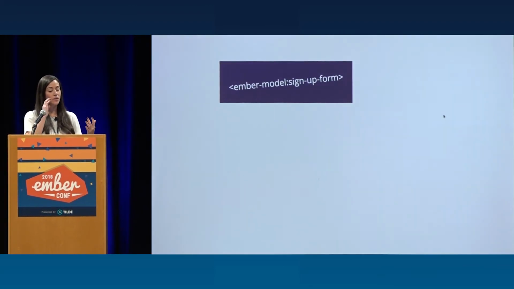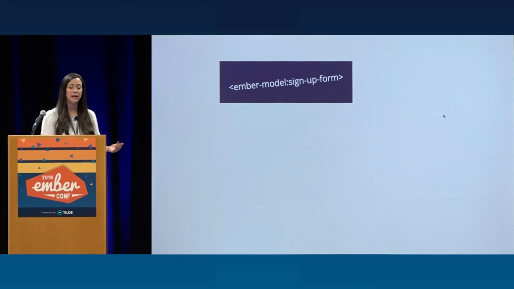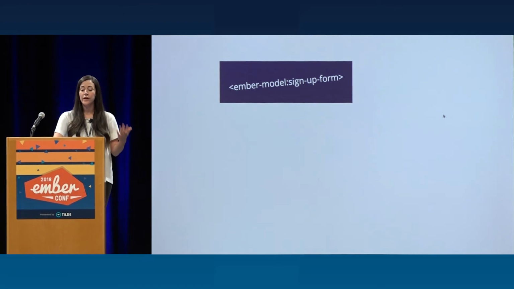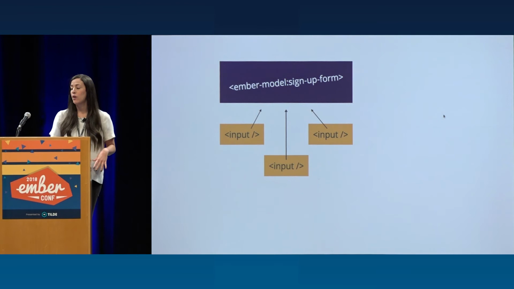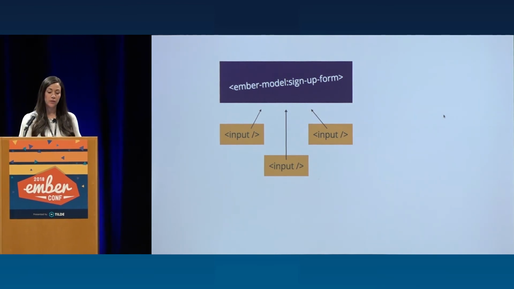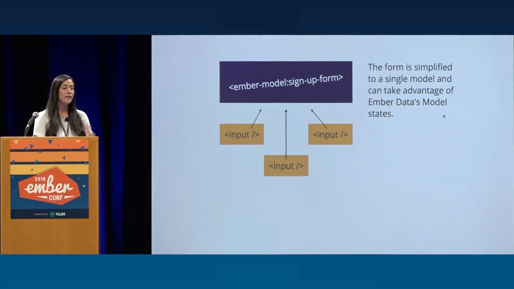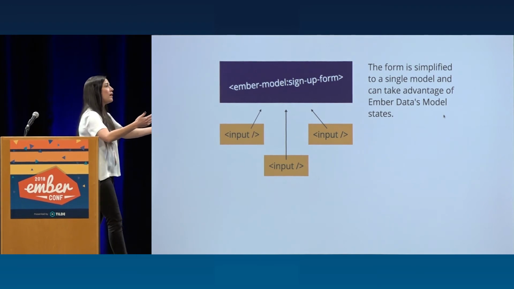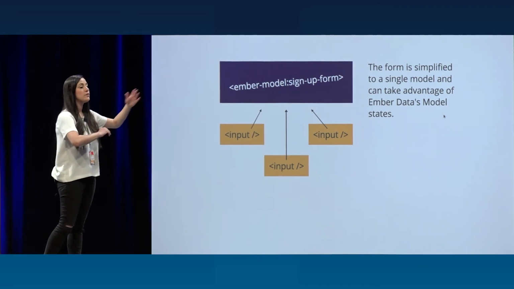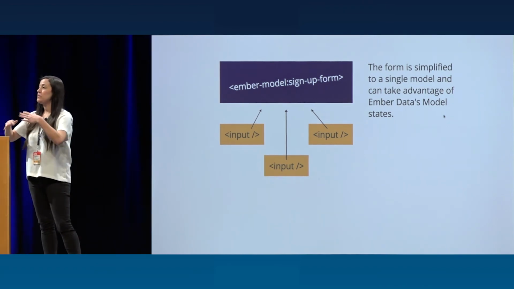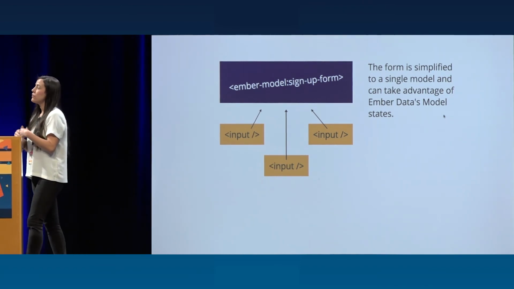So let's say we have our form that we've been building, and we can create a model out of that. We have input, input, input. All these inputs are updating our form. We've now simplified, and let's say behind that form we have a couple different pieces of a server-side model that need to be consolidated for one API call.